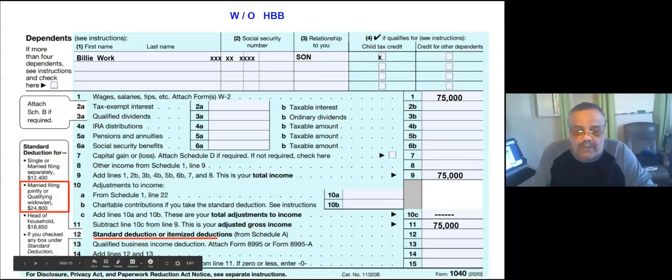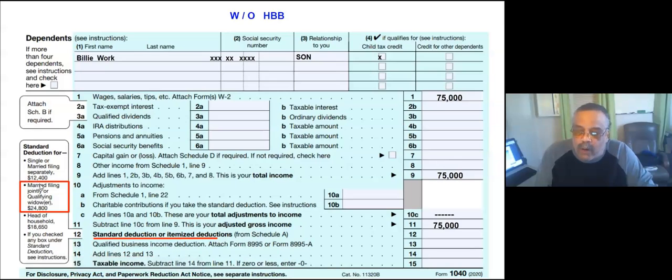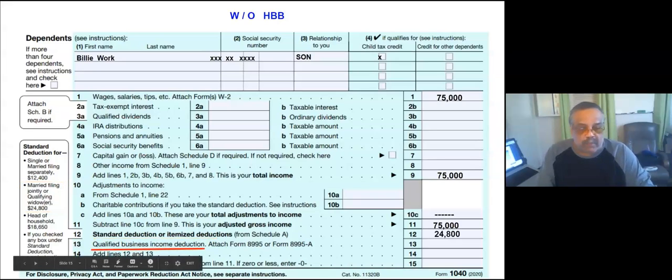As JT talked about a little bit earlier, your standard deduction is listed on the left-hand side here. We're working with a married couple filing joint. There's a standard deduction of $24,800. So if that's a standard deduction, you bring that over on line 12.